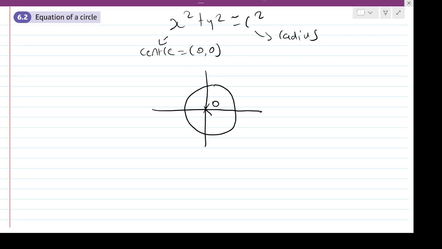And where that equation comes from is, and before we look into it, recall the distance formula between 2 points that we looked at in the last section with lines.